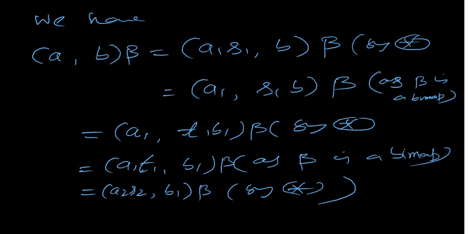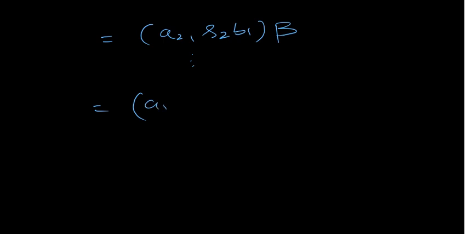Now again apply the property that beta is a bimap, then this s2 will combine with b1, it's equal to (a2, s2 b1) of beta, and continuing this you will see it will be (an-1 sn-1, bn-2) of beta.